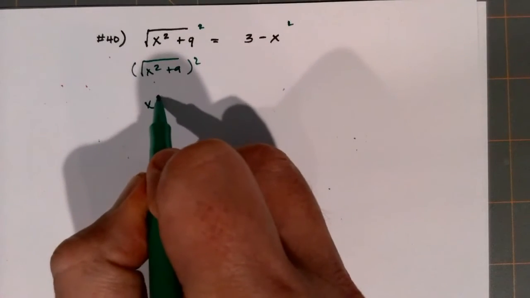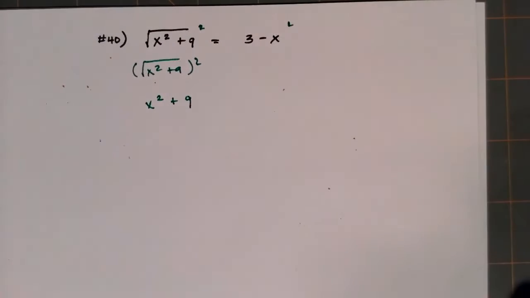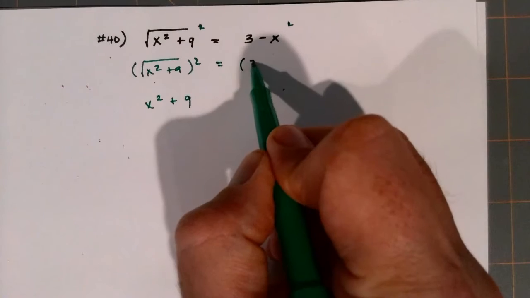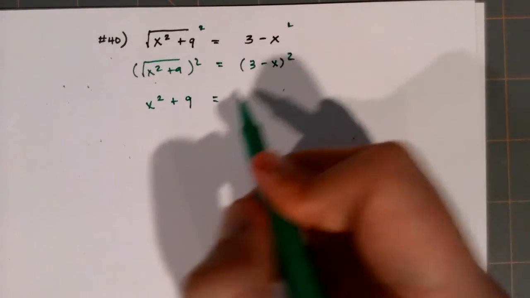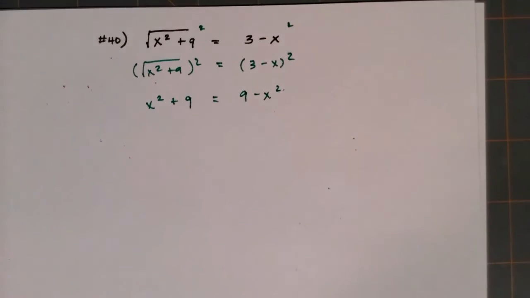So that's just x squared plus 9. I mean, that's not hard, right? And then you might say, oh, right, well, this is just 3 minus x quantity squared, which means that this is equal to 9 minus x squared, right?